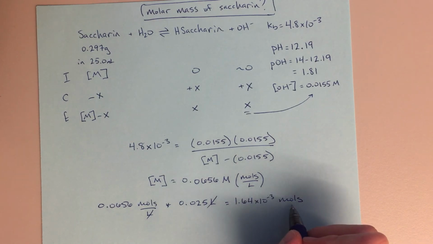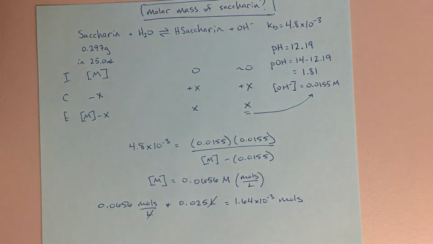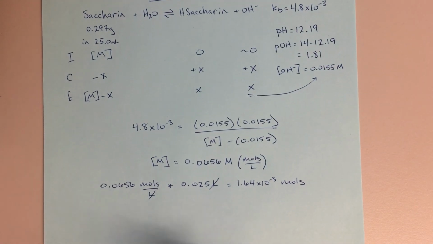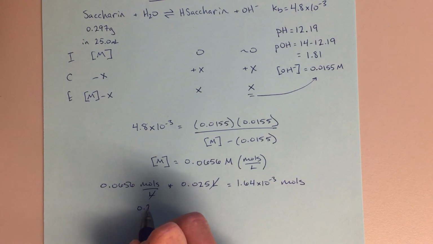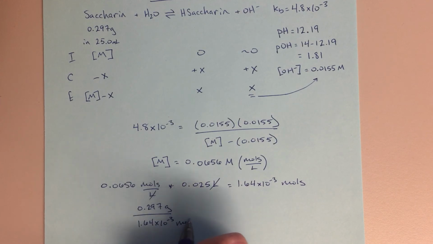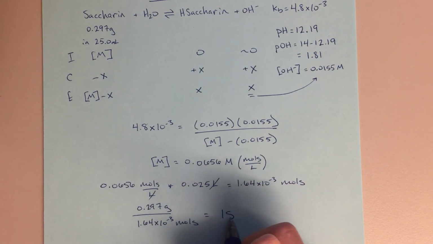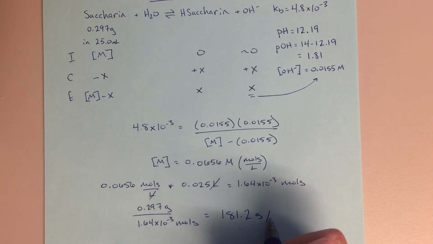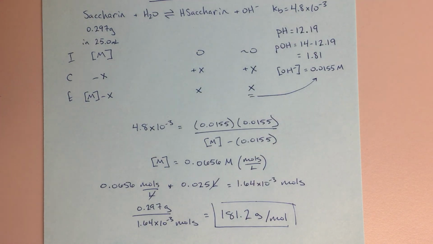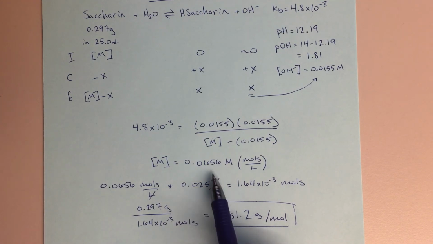Finally, since I have the moles and I have the grams of saccharin, I can solve for the molar mass, which is going to be grams per mole. That comes out to 181.2 grams per mole.